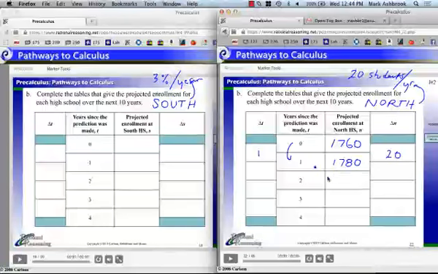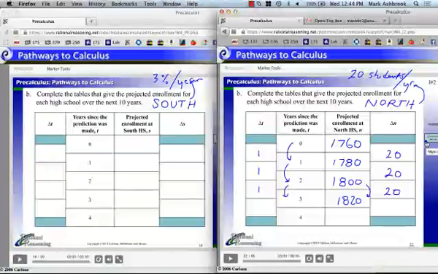20. Okay? Next year, what's our change in T? Another increase of 1 year. What happened to the enrollment? Change of enrollment was? So equal changes in the time are resulting in consistent changes of the output.